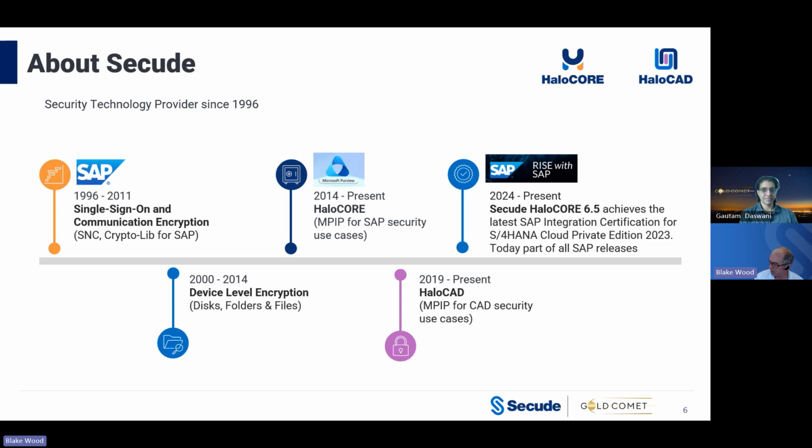Some of you might know it as Azure Information Protection or Microsoft Information Protection or the DRM service. It's changed so many times. But we released that in 2014. In 2019, we released a product called Halo CAD, which is about applying that same technology to CAD files. And then here today, in 2024, we're going to talk about our joint effort with Gold Comet and the Halo Connect platform. So I will turn it over to Gautam.